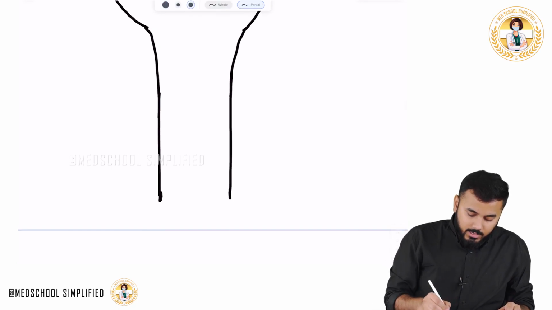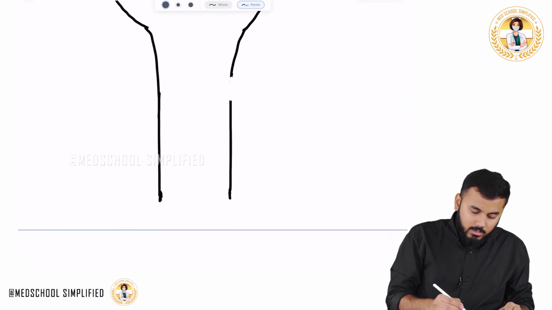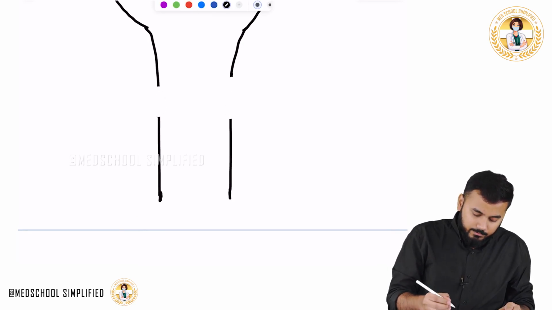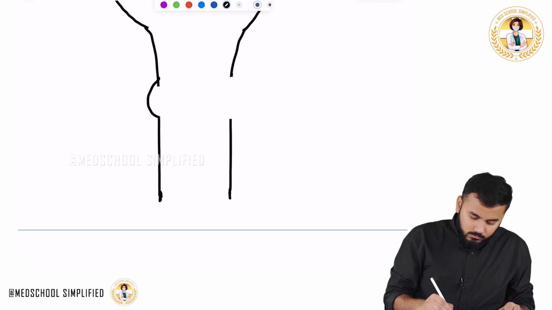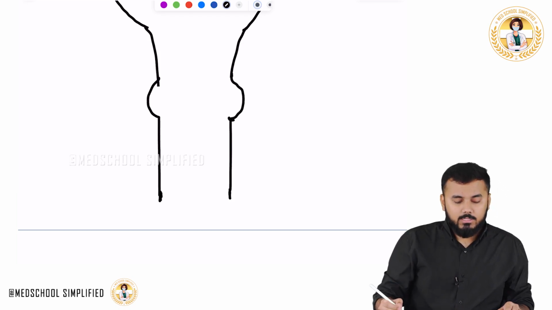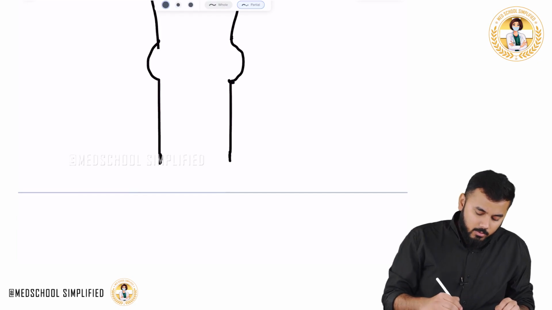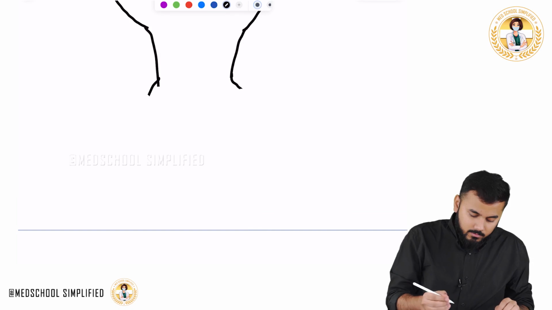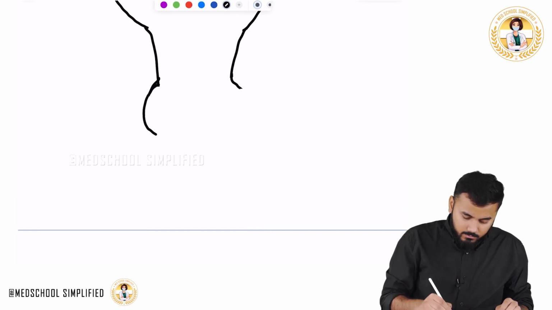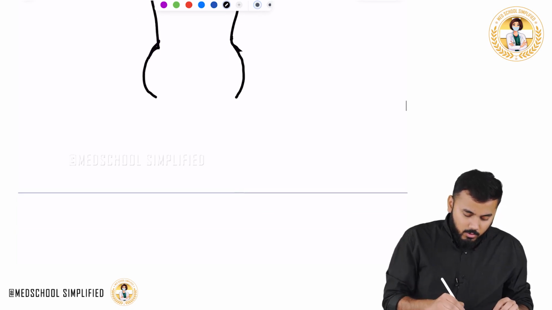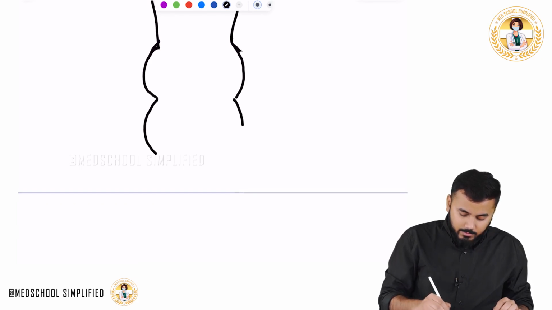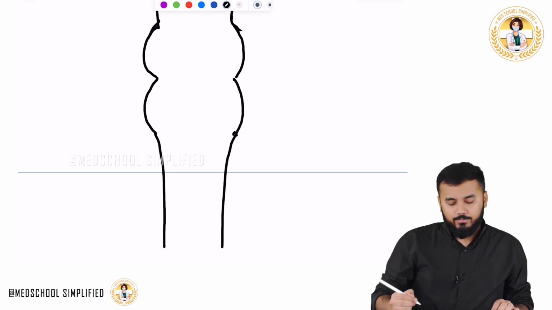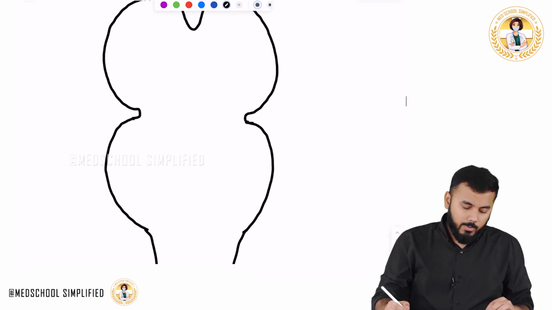After that, at this location, all of you know that you have your pons. Let me draw the pons once again. So this is the pons, and after that this is the medulla oblongata, and hanging down you have your spinal cord in this way, right? Pons, medulla oblongata as well as your spinal cord.